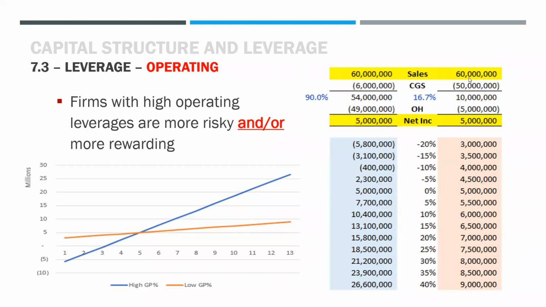So of every dollar in sales, they bring 16.7 cents returned in gross profit. From that, overhead is subtracted, as is the rest of your regular expenses, your variable expenses.